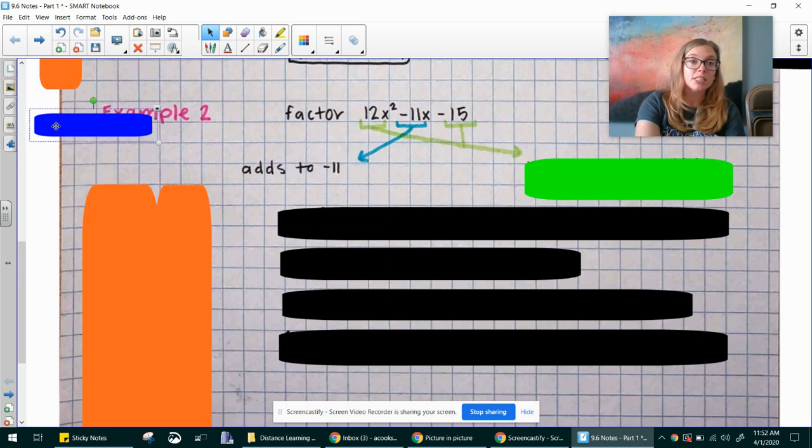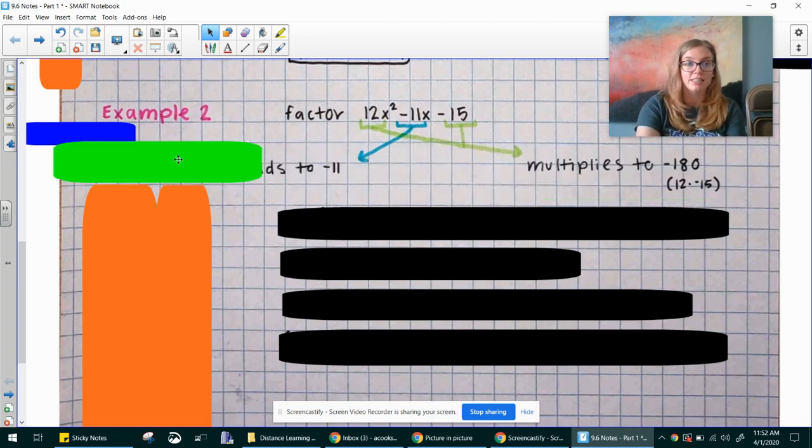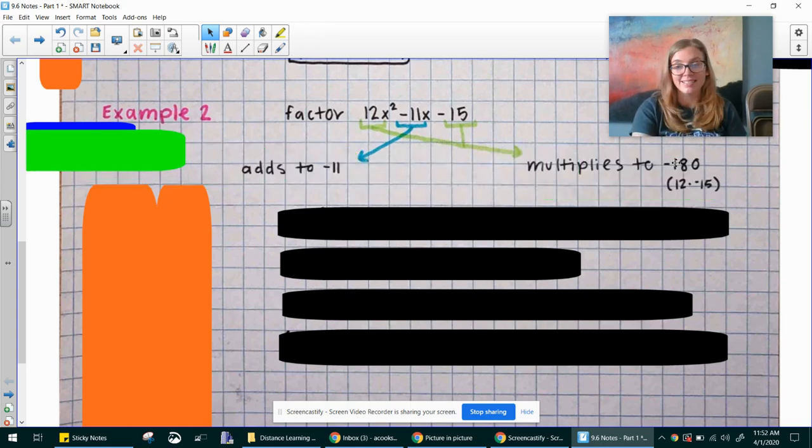The first thing we're going to do is look at our adding number. In this case, we need to find the pair of magic numbers that adds to negative 11. Then we need to find our multiplying number. Remember, if there's a coefficient in front of x squared, our multiplying number is a times c, or 12 times negative 15. So our multiplying number is negative 180.